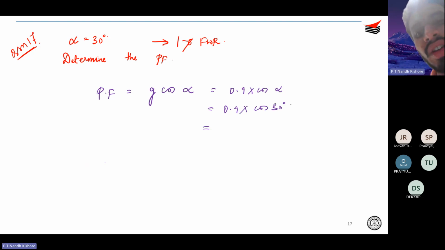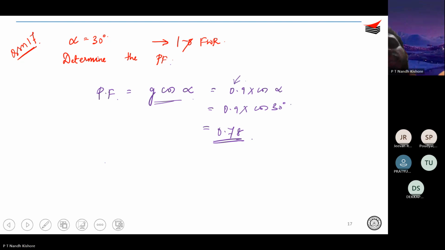So you will end up with root 3 by 2 into 0.9, which is 0.78. Simple question, right? Because we derived the power factor, you can directly use G cos alpha. G was 0.9 in your case. Just substitute the firing angle and nothing else.